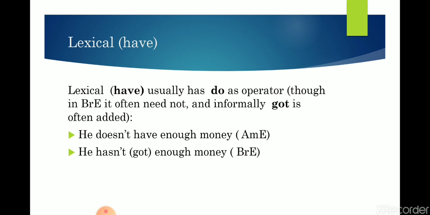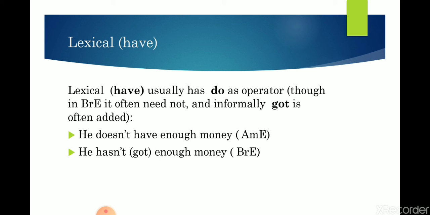Concerning the verb have, if we use it as a main verb, as a lexical verb, the lexical have usually has do as the operator. So if we use the verb have as the main verb within the sentence, and we want to make this sentence negative, we need to add the verb do to the sentence to accomplish the process of negation.